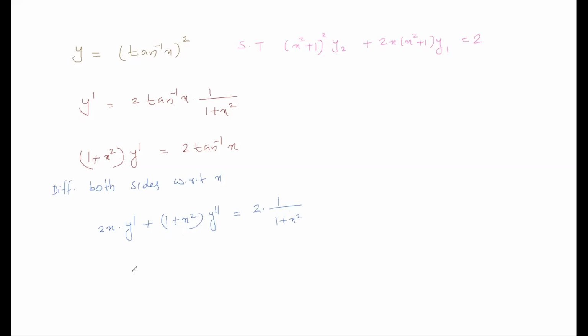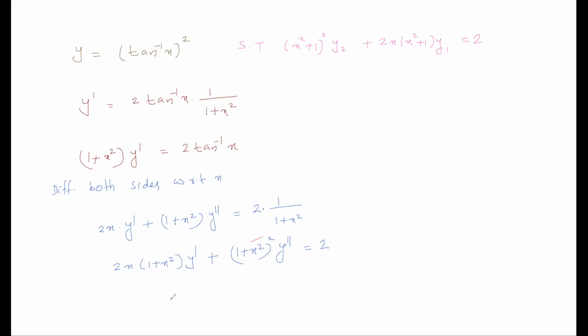Again cross multiply. So it is 2 into x into (1 plus x square) into y dash plus (1 plus x square) into y double dash is equal to 2. So that is what you actually need to prove. 1 plus x square into 1 plus x square is (1 plus x square) the whole square.